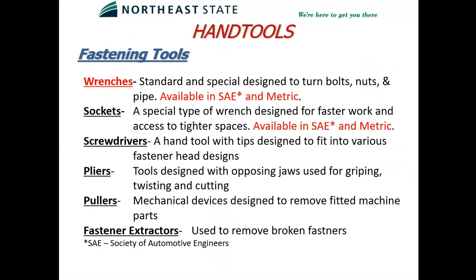So fastening tools, here's the ones we're going to be covering. So wrenches, notice that red text there. You might need to know that later. So wrenches come in standard. If you see SAE, that's Society of Automotive Engineers.